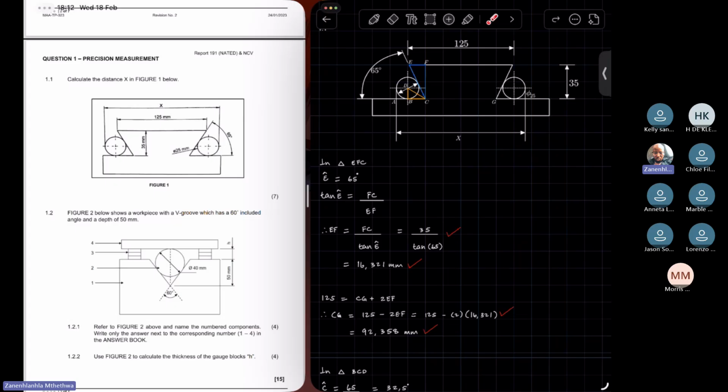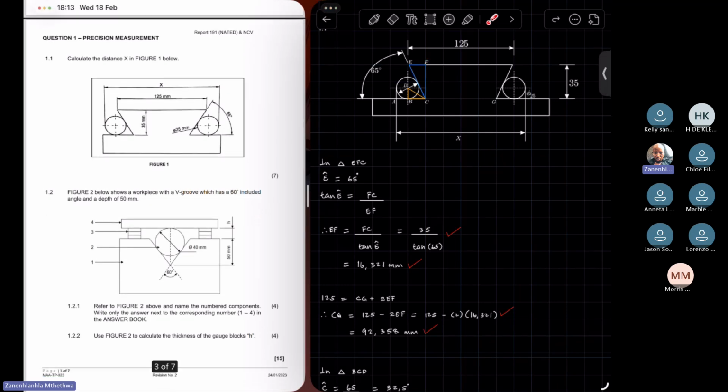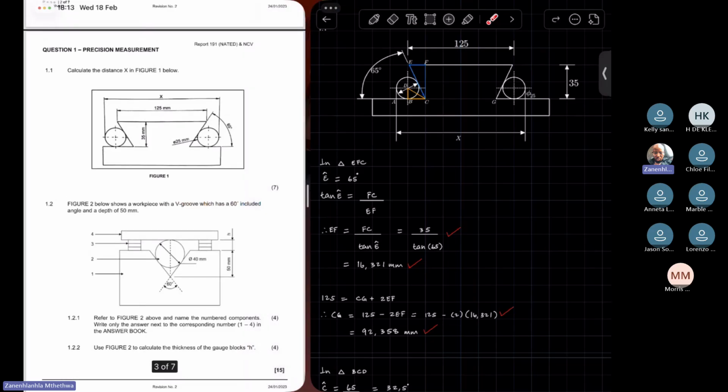Right. So in this triangle, we essentially have at least one angle, and you have one side, which is this side. You are given here, even on the diagram, it's 35 millimeters, which I've labeled here as 35 millimeters. So if you have one side and one angle, then essentially you can get either the other angle or the other side, whichever side you might be looking for.